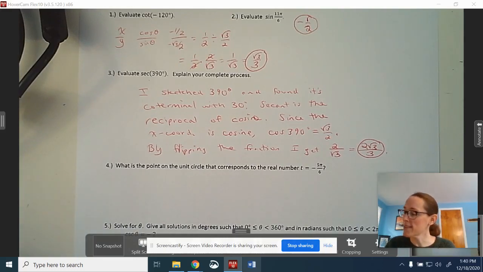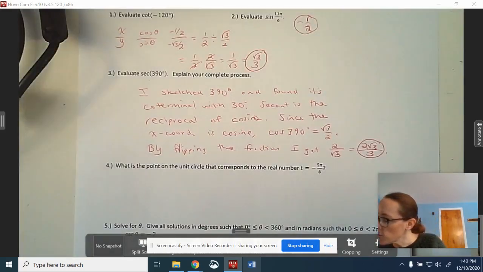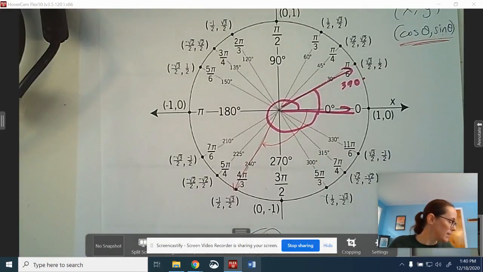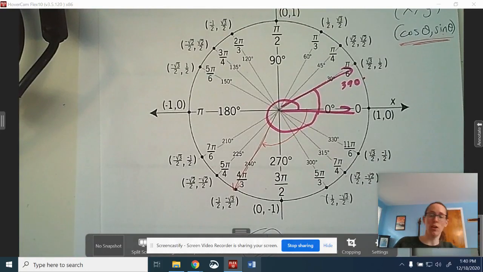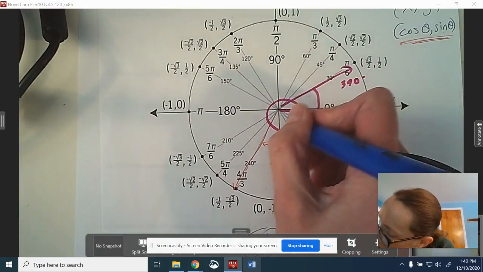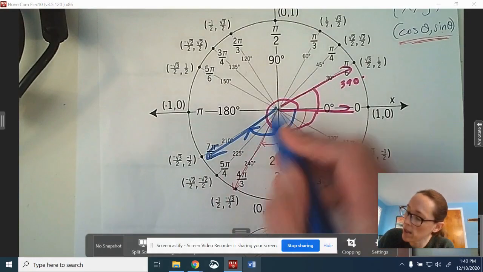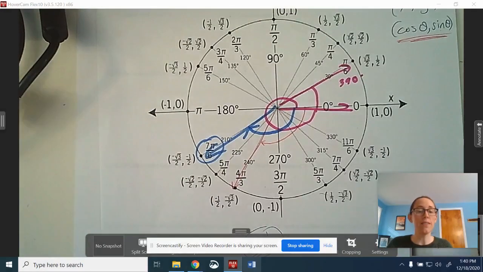Okay, up next, we want the point that corresponds to negative 5 pi over 6. Negative 5 pi over 6, again, is not actually listed on here. So we need to find out what it's coterminal with. If we sketch, we end up over here in quadrant 3, and we're coterminal with 7 pi over 6.